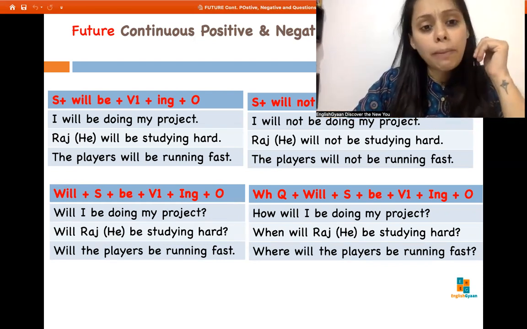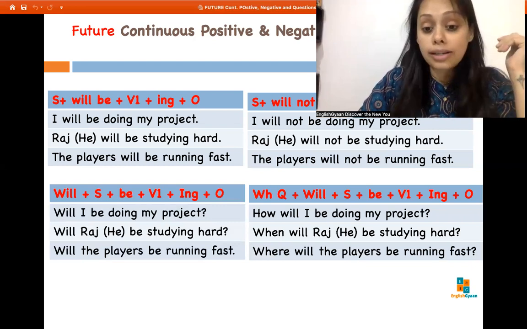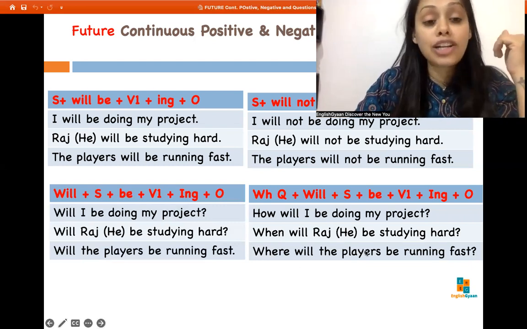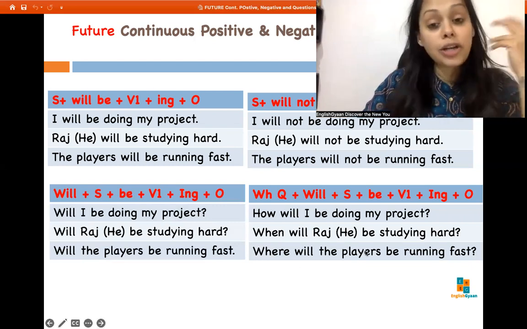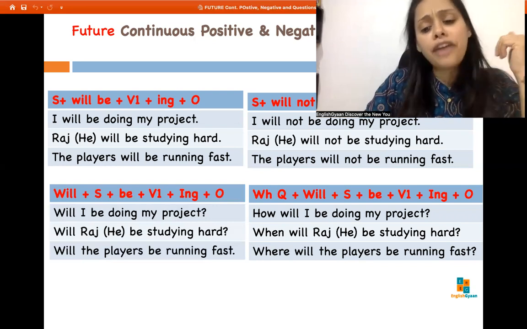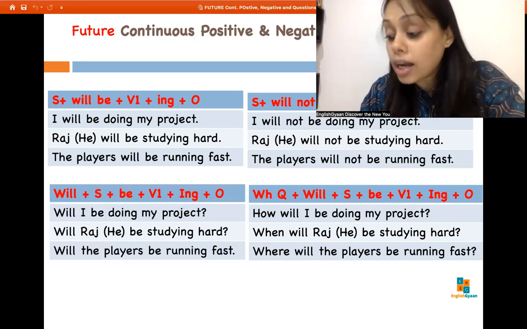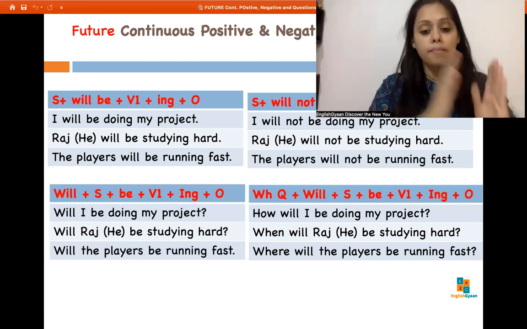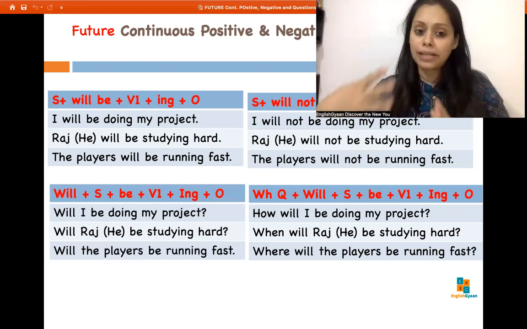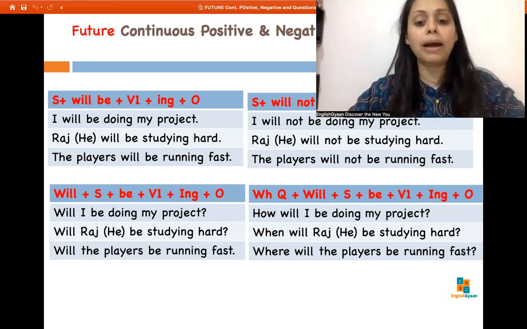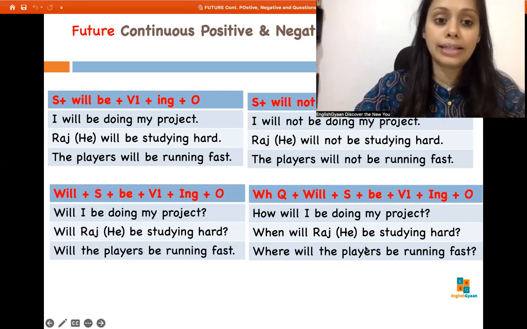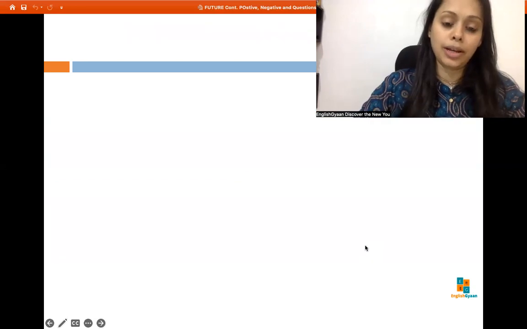How will I be doing my project? मैं कैसे मेरा project कर रही होगी? When will Raj be studying hard? Raj कभी study hard कर रहा होगा? Where will the players be running fast? Players fast run कहाँ कर रहे होंगे? So WH question plus will plus subject plus be plus ing is nothing but future continuous tense questioned with WH.